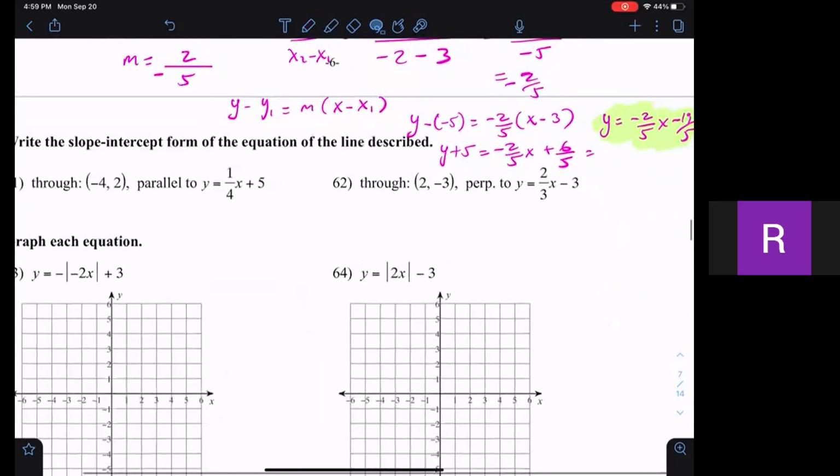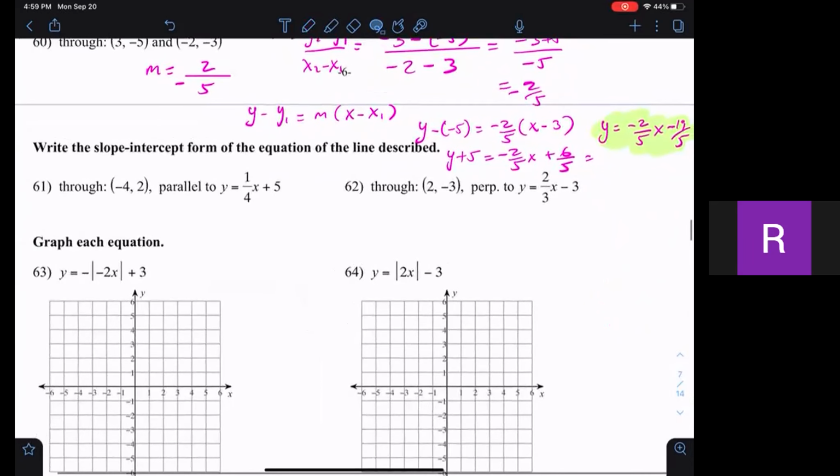Okay, so they say write the equation, slope-intercept form of this one, right? So parallel means the slope of this line is 1/4. The slope of the parallel line should be 1/4 as well. So this is going to be m2 equals 1/4, so y equals 1/4 x plus b.